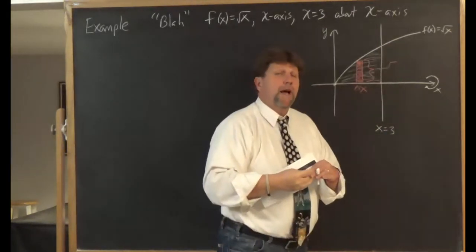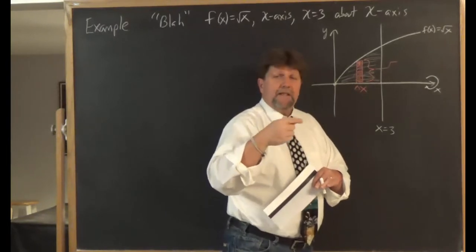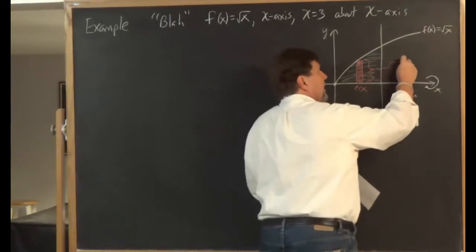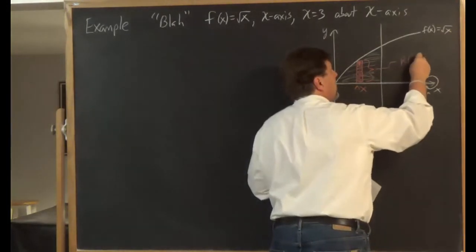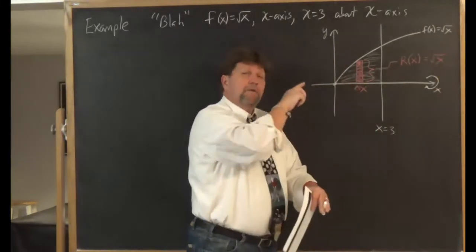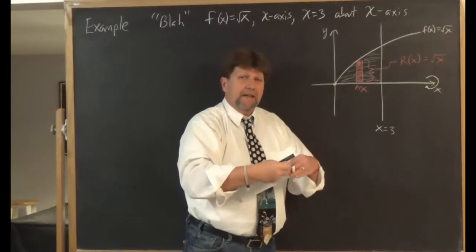It's square root x. But I'm not going to call it f of x equals square root x, because in using the disk method, I like to call it big R of x, because it's telling me that's what is producing the radius of the circular face of the disk.